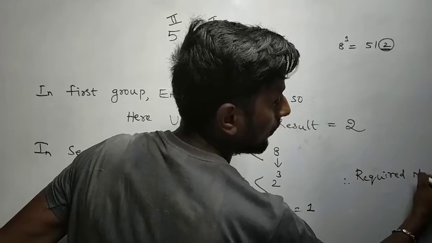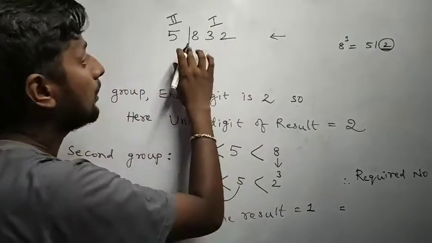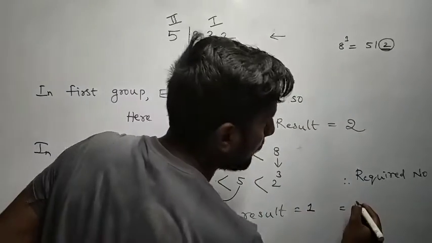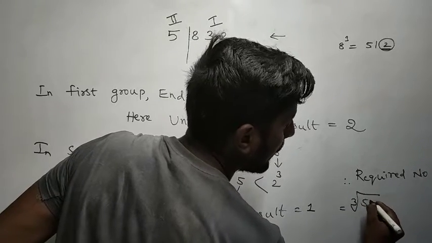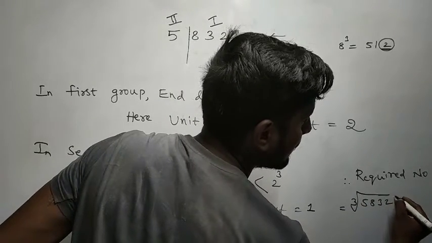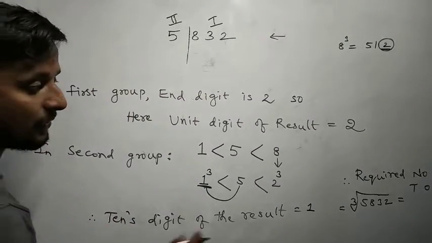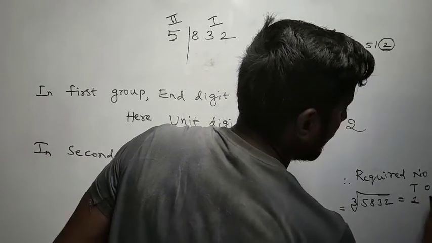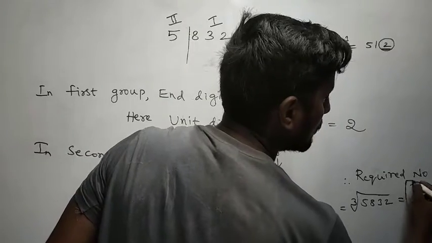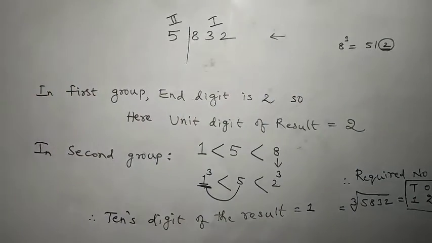So therefore the required number is, look at the cube root of this one only. The cube root of 5832 answer is 1 tens. Am I right? The tens digit we got as 1, and the unit digit we got as 2. So 12 is our answer. You can fact check.